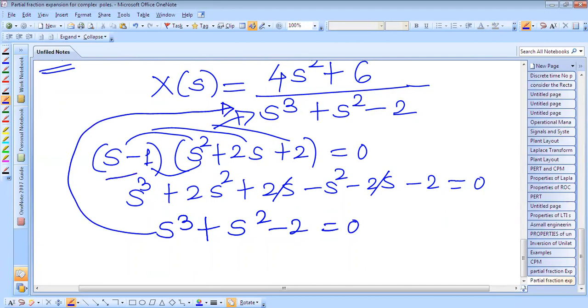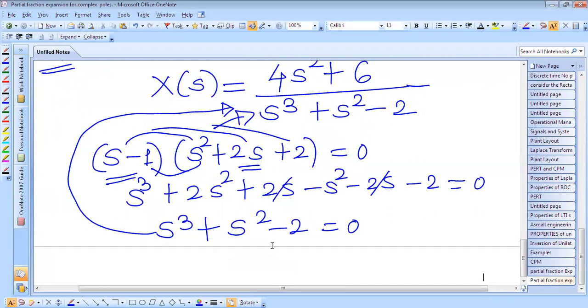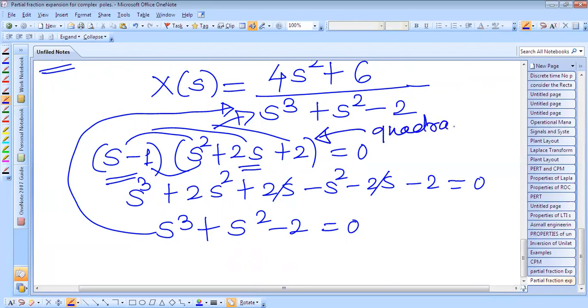So these are the factors. Again, this is a quadratic equation, and we have to again find the roots of this quadratic equation.